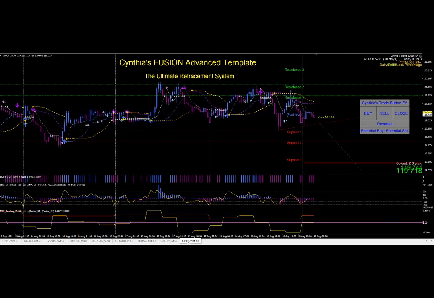And here's the CHF JPY, which doesn't really move that well most of the time, but it can be traded in the Tokyo session also. Now, any of these charts can be switched out for a different currency pair, so you're not really stuck with any of these.